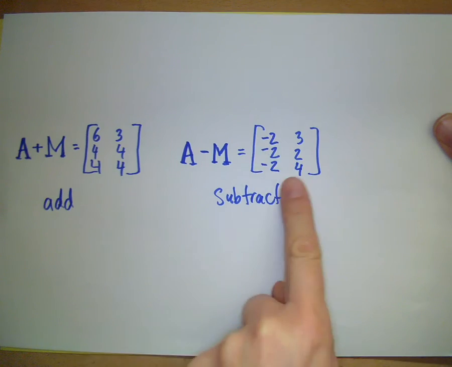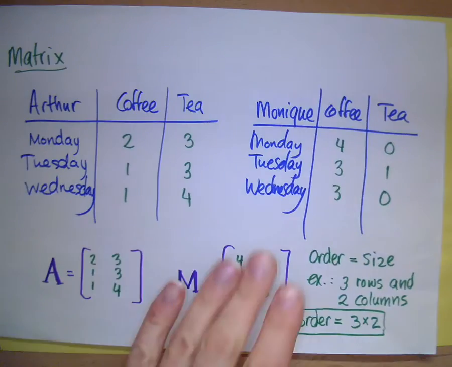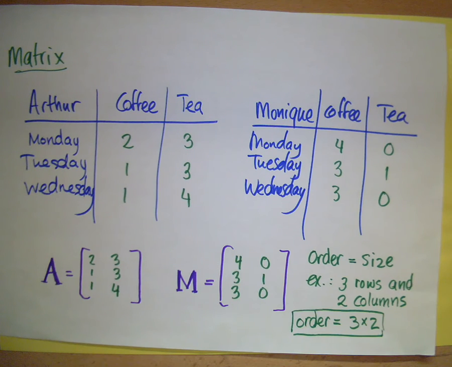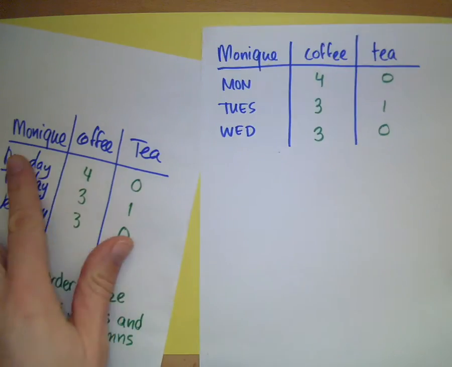So we found the difference in what they drank right there. But using these matrices, we're going to learn new stuff. So I've copied down Monique's drinking habits right here.